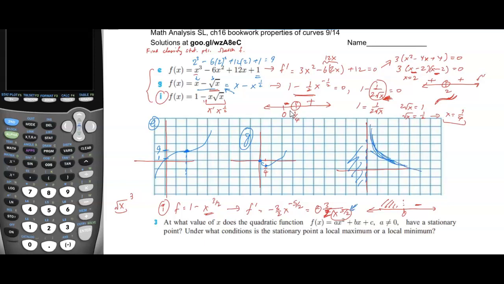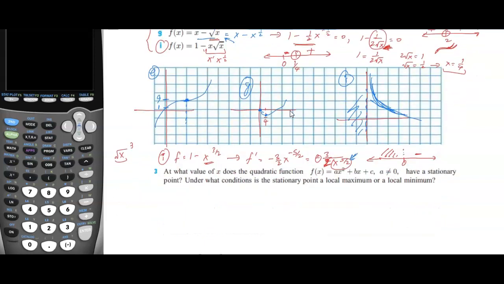And since there's an asymptote at x equals 0, and it's decreasing, then we know that it needs to approach the asymptote from the right side going up, right? So it's decreasing, so that means it needs to come from the top down, okay? So there is our sketch of I. All right.